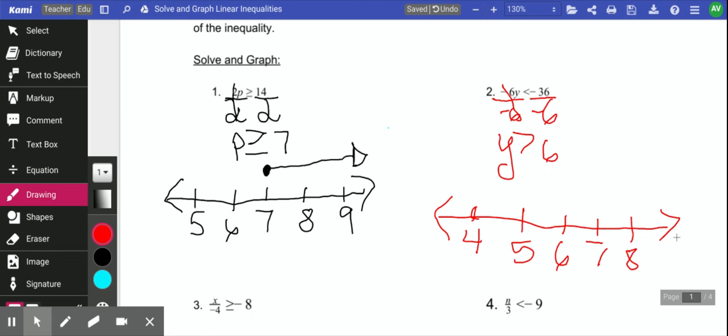So that means I'm going to put an open circle at the 6. And it is still greater than, so I'm going to go to the right because the numbers to the right are greater than this. If you notice, the arrow that's on your graph and the arrow here should be facing the same direction as long as your variable is on the left-hand side of the inequality.